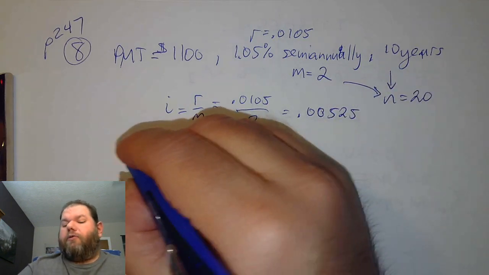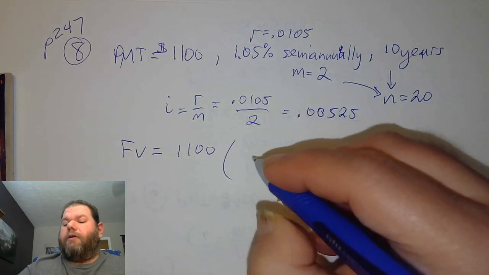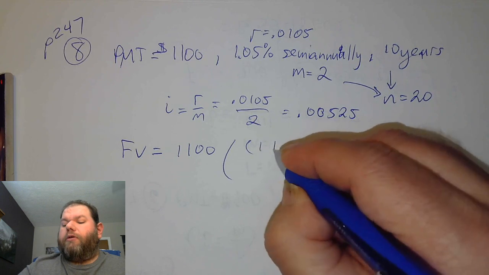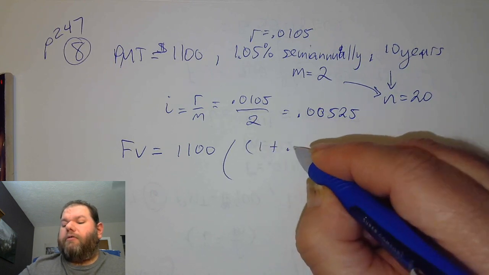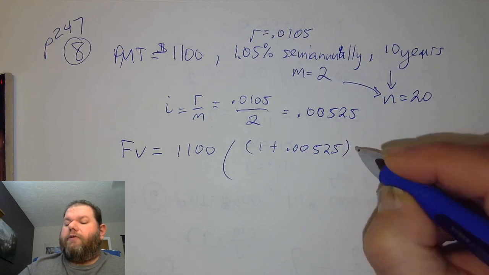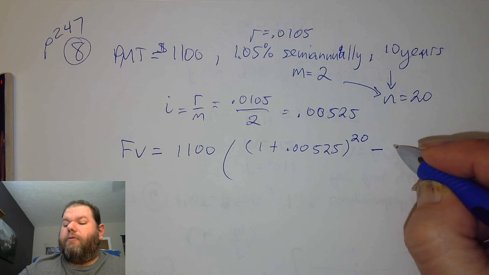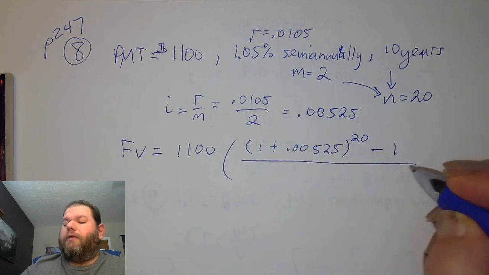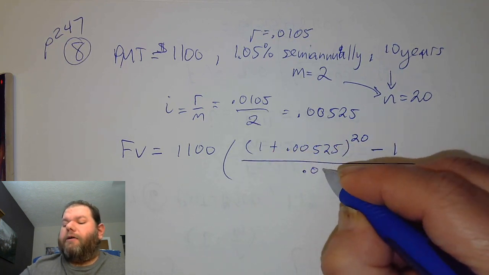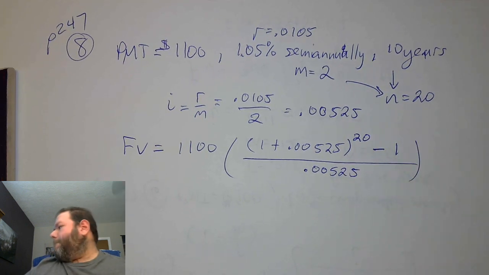Okay, so our future value can be our payment, $1,100, times 1 plus I raised to the nth power minus 1 and then divided by I, like so.